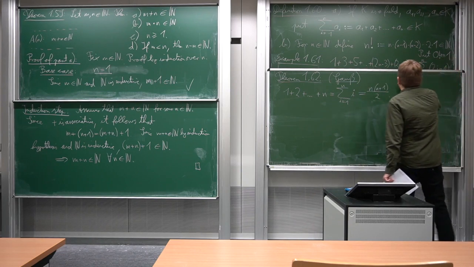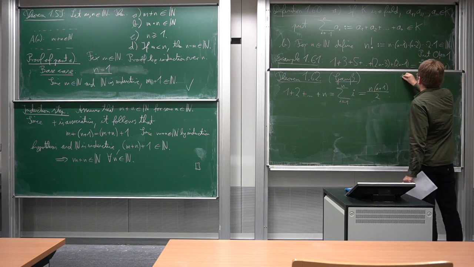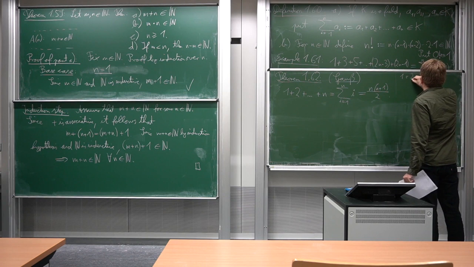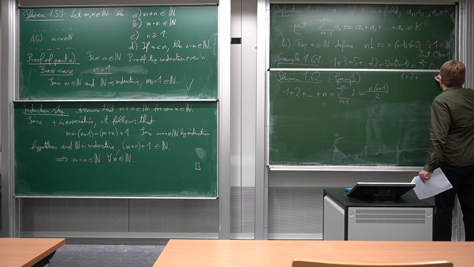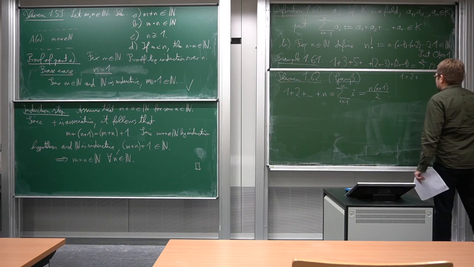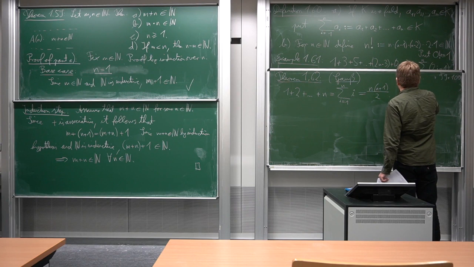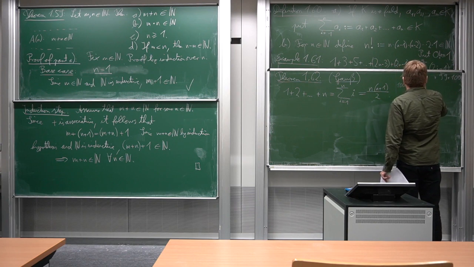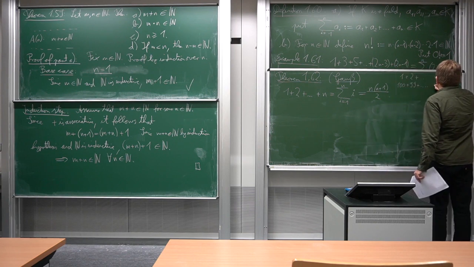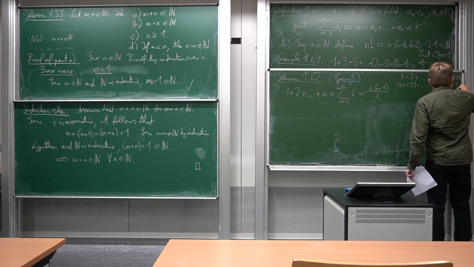And the way Gauss saw this, of course he didn't write this in this fancy way, but the idea is now if we have 1 plus 2 plus, and so on, plus 99 plus 100, and then add these things up again, but the other way around, namely 100 plus 99 plus, until we reach 2, until we reach 1.